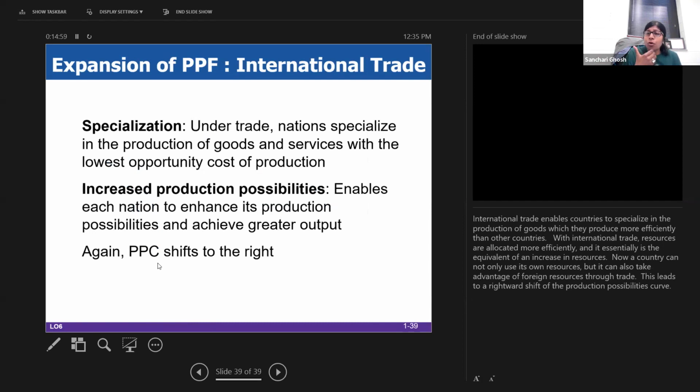I said that we can always relax those basic assumptions. What did you start off with? Full employment, resource quality is the same, technology is the same, etc. We can always relax those, and with better technology and better productive resource quality, we can always gain higher growth.